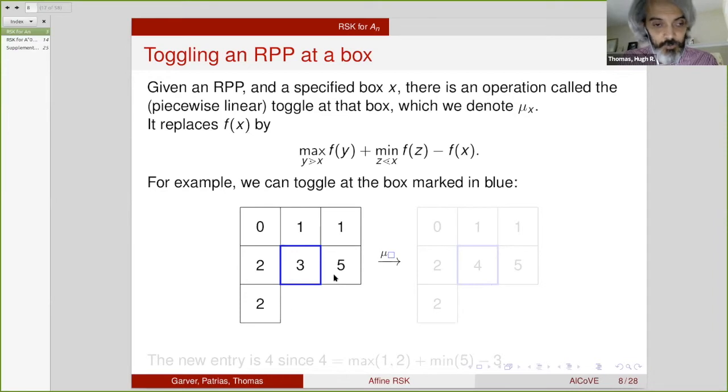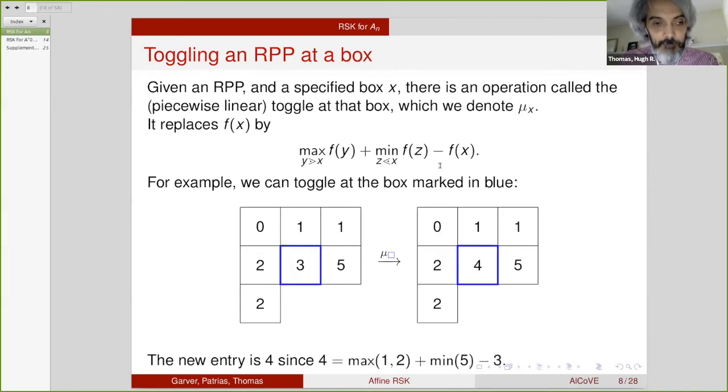In this case, there's only one entry immediately below it, so it's just the 5. And then we take the max plus the min minus the value that was there. So in this case, the 3 is being sent to 4.